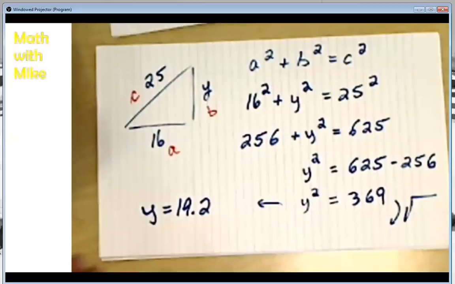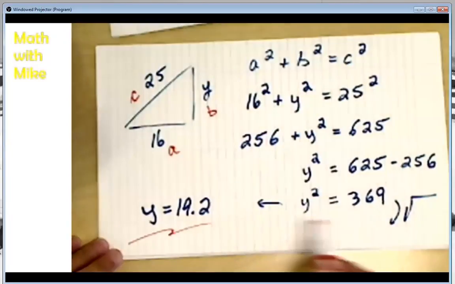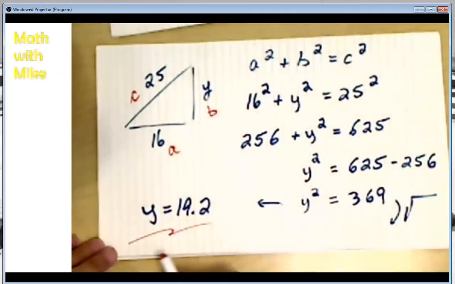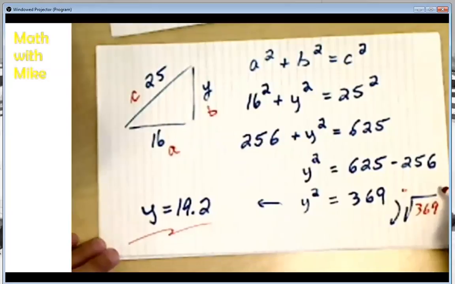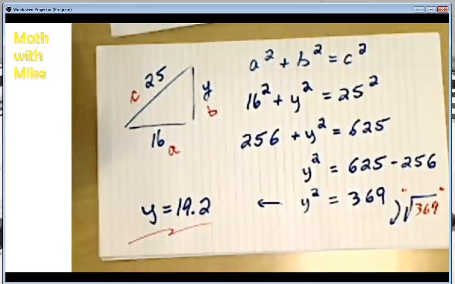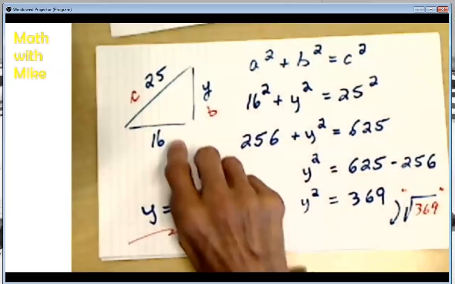Okay, so that's using Pythagoras to find a missing side, and you can do that when you have 2 out of the 3.